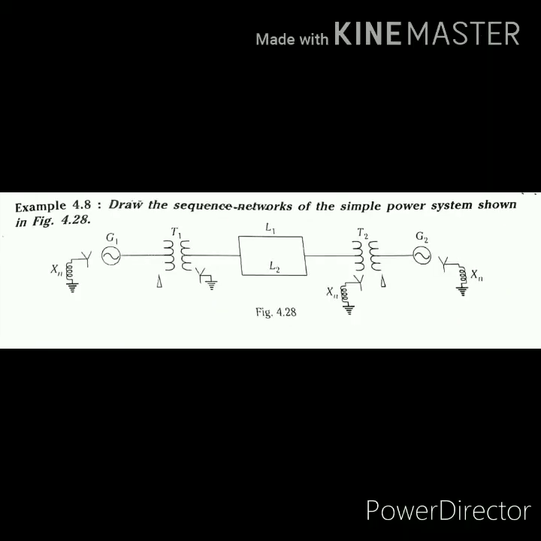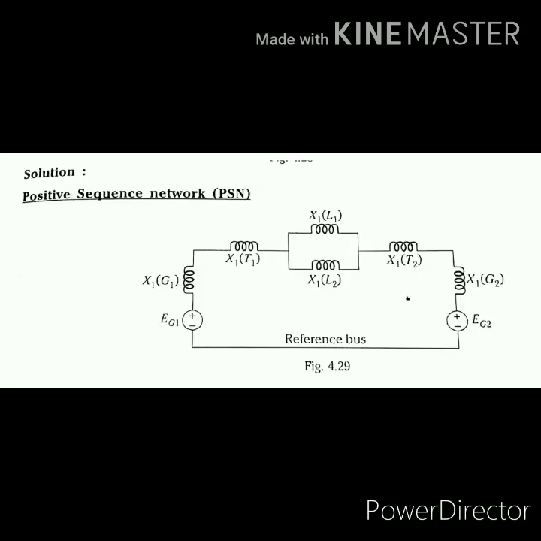Now let's see example 4.8. Draw the sequence network of the simple power system shown in figure. But here you have to draw all three, positive, negative and zero. Anyway, it's very simple. When you have positive, for generator G1, you have to draw reactance X1 of G1 along with the EMF source EG1.